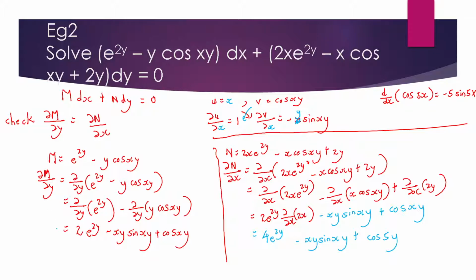Okay, the first one, let me check whether I got a typo there. 2x exponent 2y minus x cos y, del m del y, del n del x.